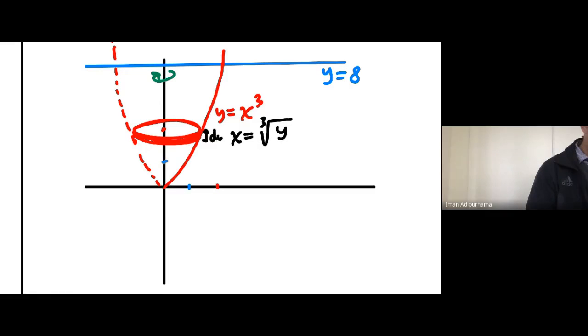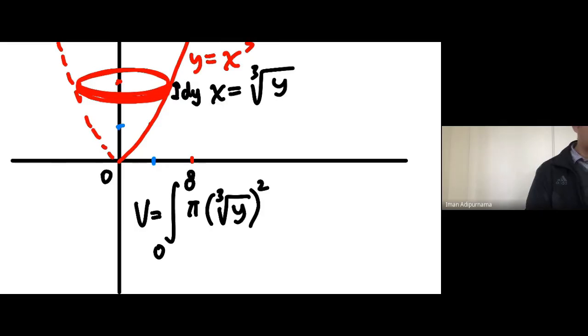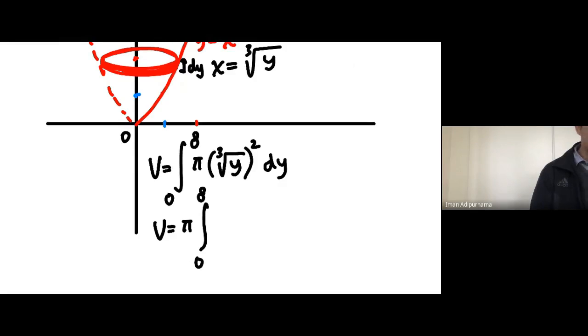This will be dy. So the volume is the integration from 0 to 8, right? The area will be pi times the radius, the cube root of y, squared, and then dy. So for the volume, let me move the pi outside. Integral from 0 to 8. Let me write this as y to the 2 over 3 dy.